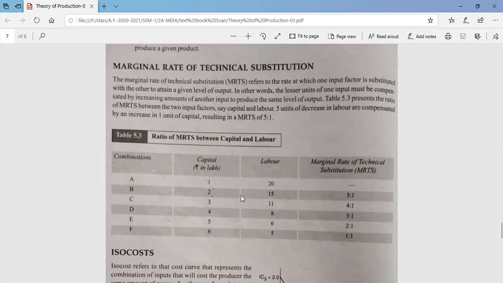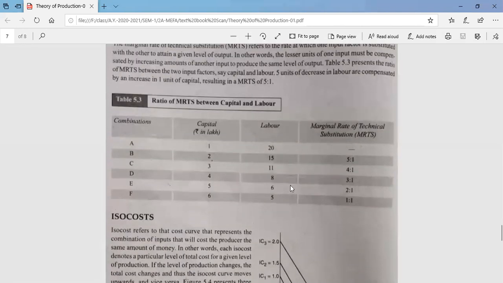Okay. So in some areas, the labor is deficit, right? We have deficiency regarding the labor. So in that point, we have to know how much amount of capital is required to produce the same amount of output. Okay, that thing we can observe here.